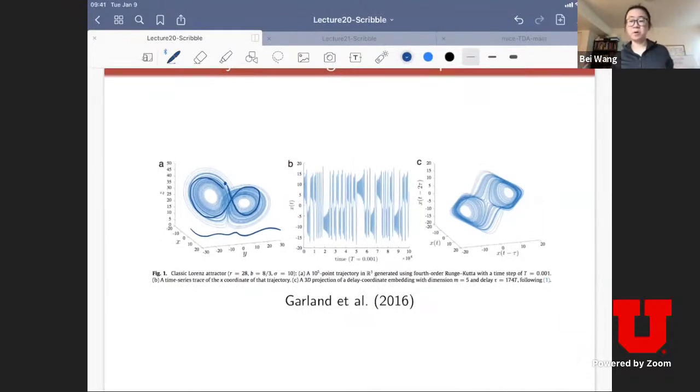Let's say you have some sample of points from a dynamical system. The question is, can I just reconstruct the dynamical system from the point cloud itself? This is actually quite non-trivial because when I just sample points from the point cloud, certain information is lost in the process. So the question is, can I reconstruct this?